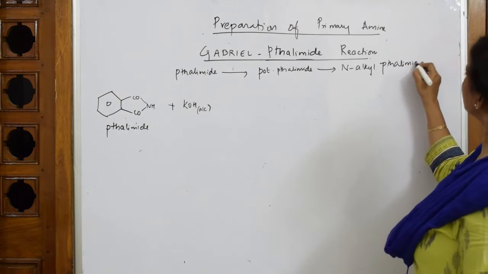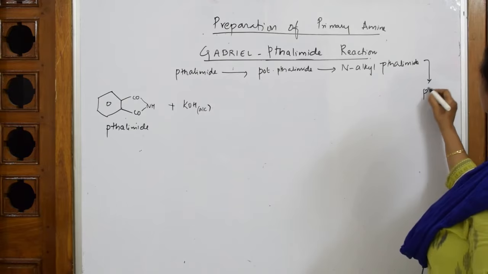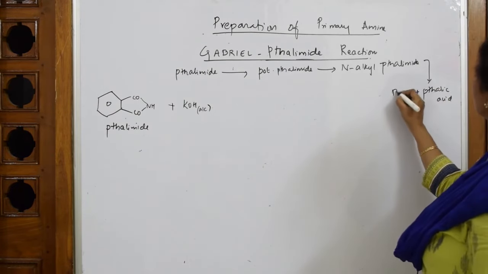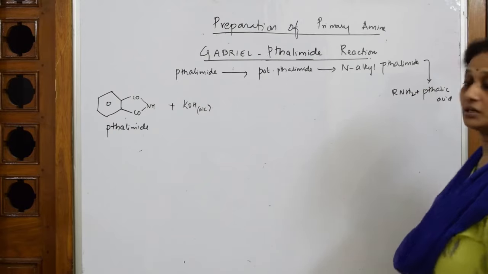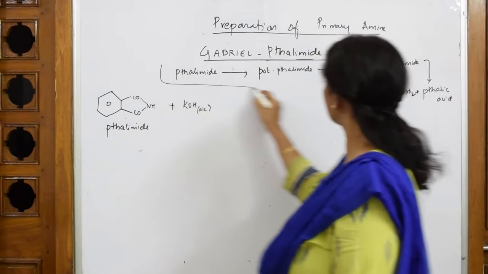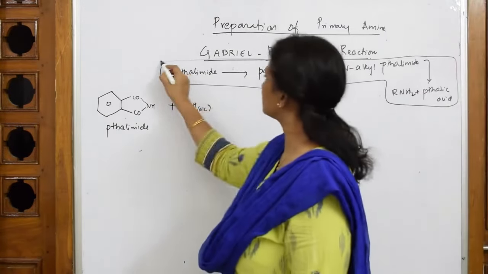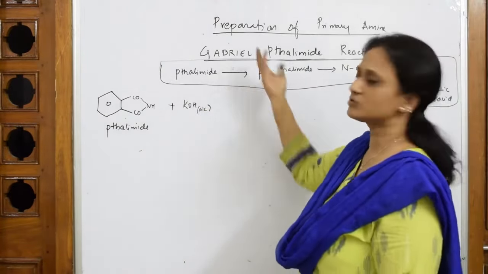This N-alkyl phthalimide further gets converted to phthalic acid, and we get our primary amine out. If you remember this whole step, everything is easy.